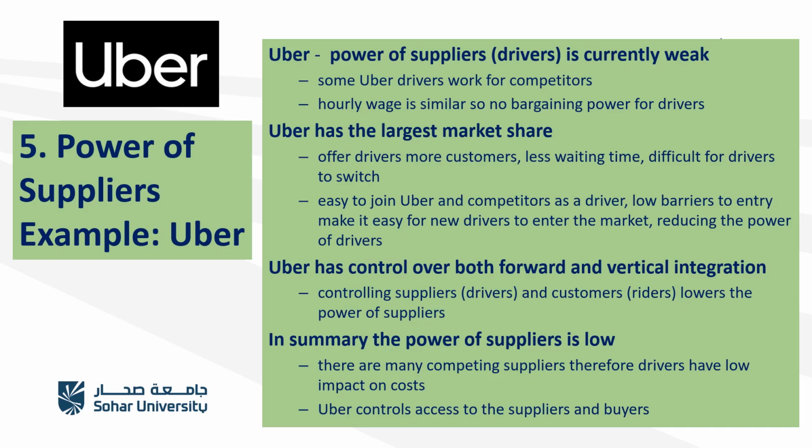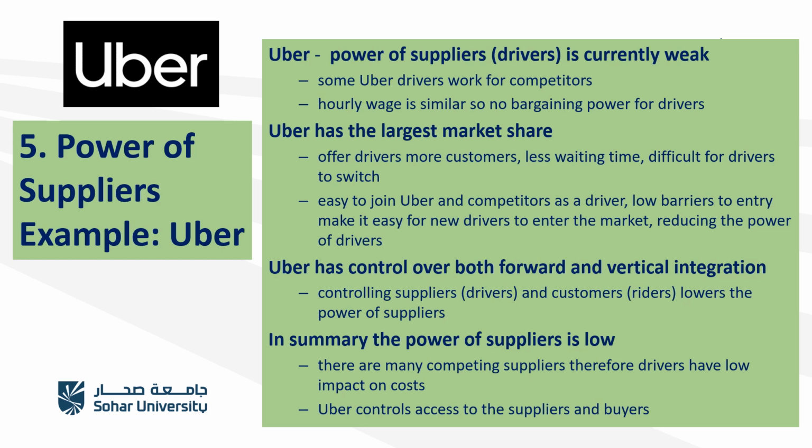Now, in terms of Uber as a case study, when we look at the power of suppliers factors, the power of suppliers for Uber is currently weak because some Uber drivers work for competitors.